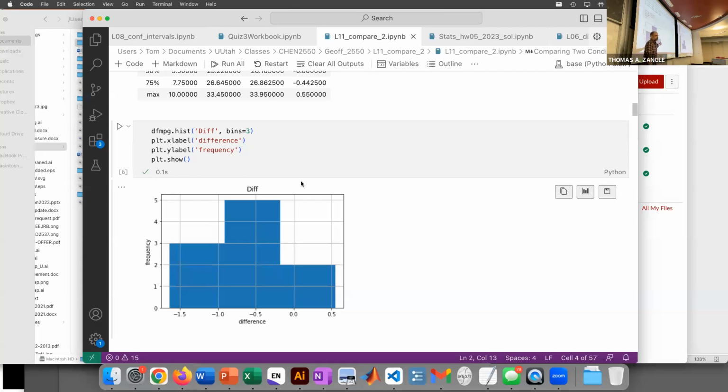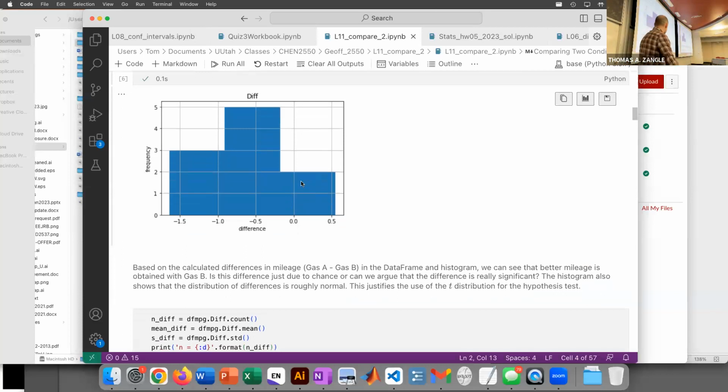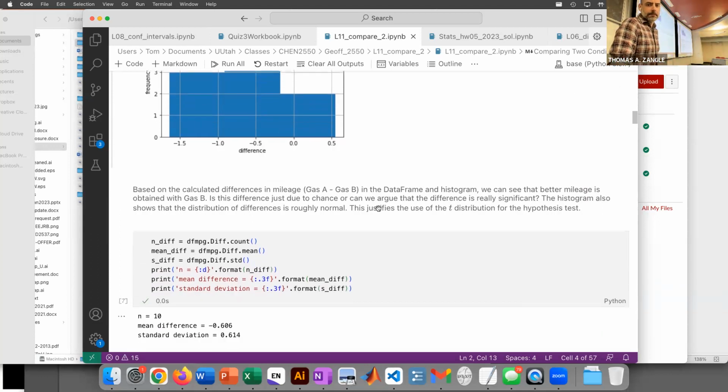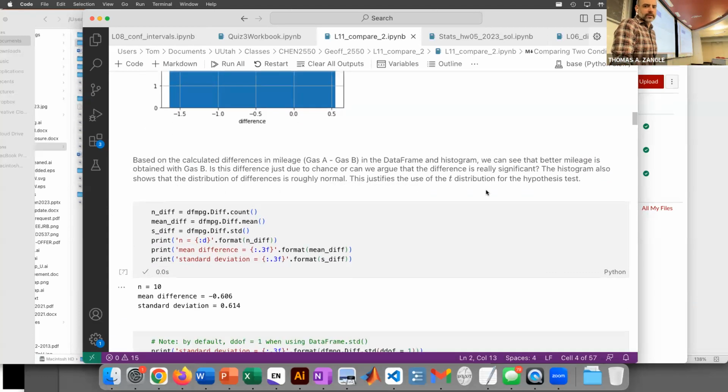We can't rigorously show that this is a normal distribution, but we'll say it's normal enough that we're going to proceed using a t-test to analyze this data. The histogram shows that the distribution of differences is roughly, very roughly, normal, and we'll take this as justification to use the t distribution for the hypothesis test.